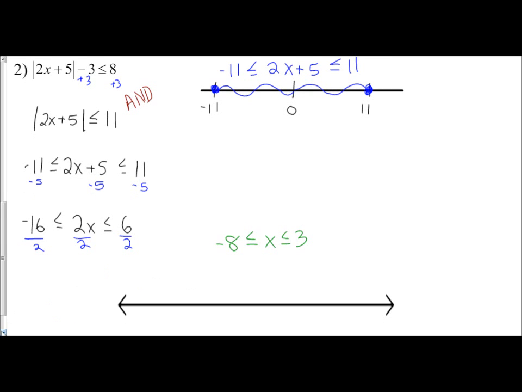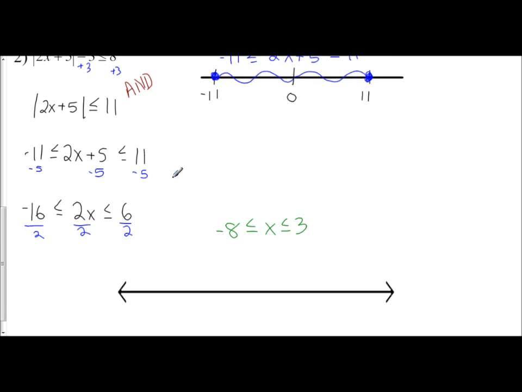So to graph it, we're going to do the same thing. We'll put negative 8 and positive 3 on the number line. We have closed circles for them because it is or equal to. And visually, x is between these two numbers. So your solution is between those two numbers on the graph. And so there is our graph.